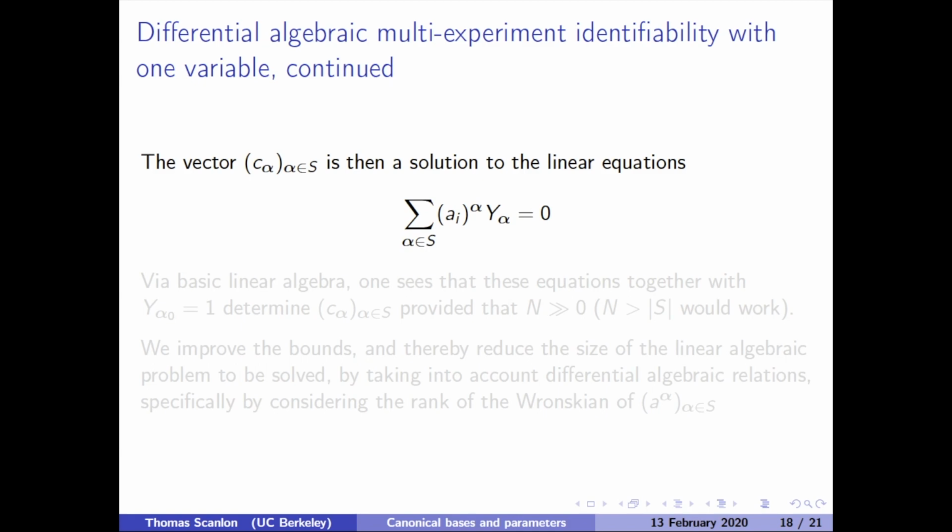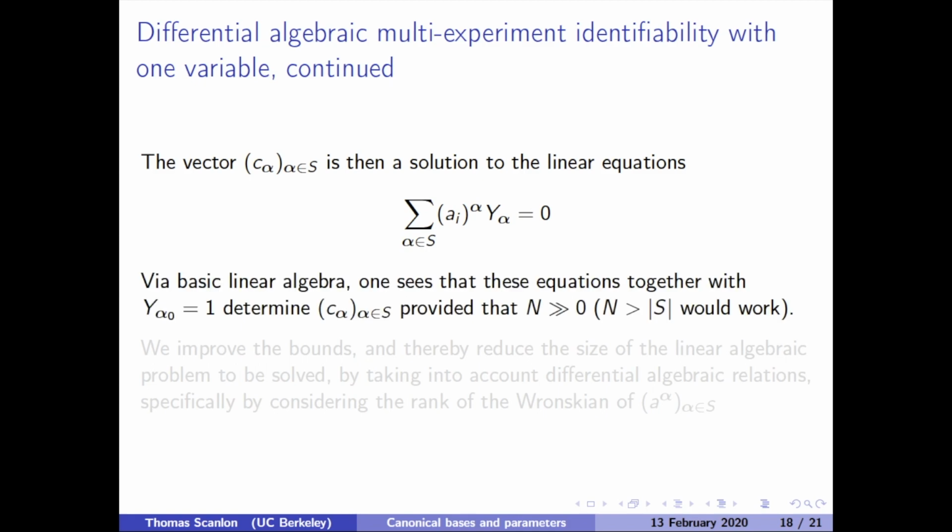Basic linear algebra, you have to check that things are independent and ranks and everything, but basic linear algebra is going to tell you that you can compute what those coefficients are if you have enough solutions. You use the independence here to guarantee that the rank is correct and that you get an invertible matrix. When I say basic linear algebra, I mean you actually have to do some work, but it's the kind of work that we all know how to do.